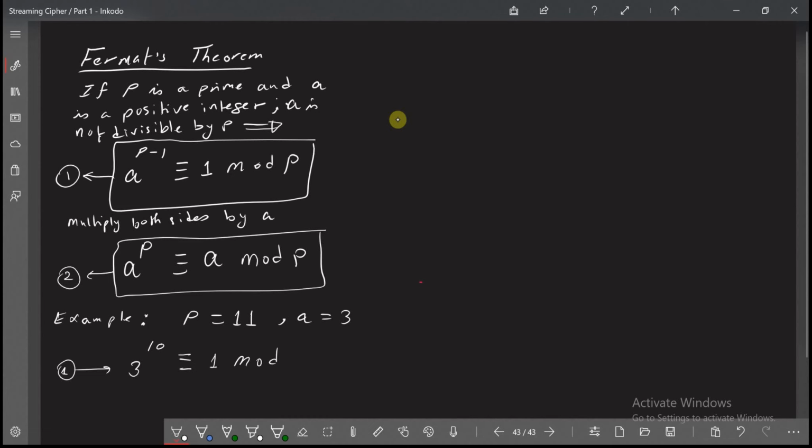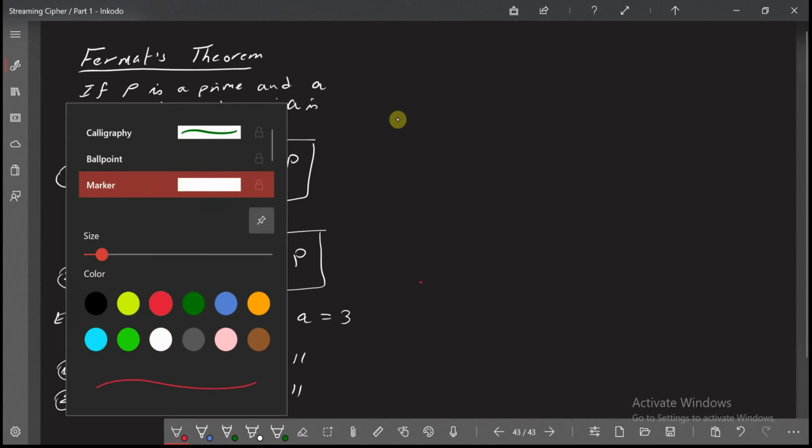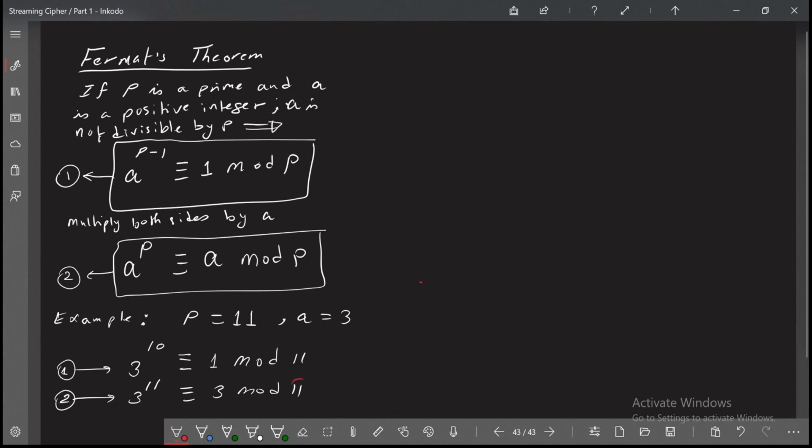Okay, so of course, this is very useful for simplification when performing modular arithmetic. So this is the result, and also, of course, if you apply 2, it will be 3 to the power 11, which is the prime, congruent to 3 mod 11. Of course here is the variation. It's obvious we have the prime and the exponent are the same, so that's the variation.